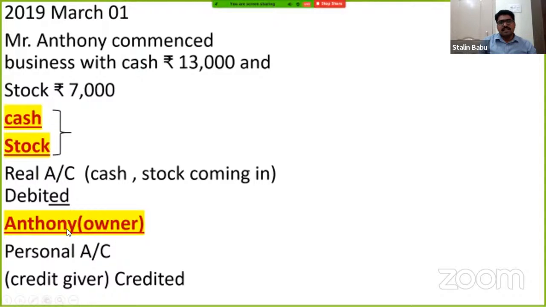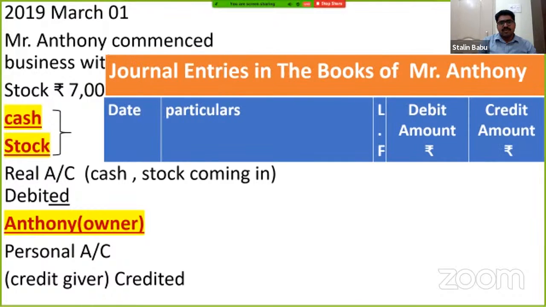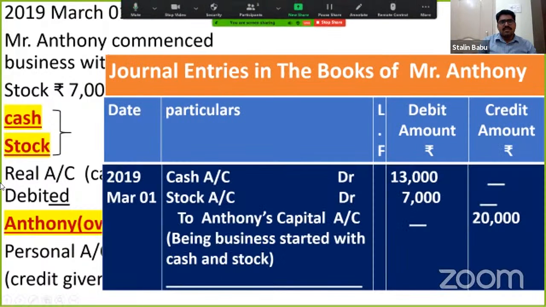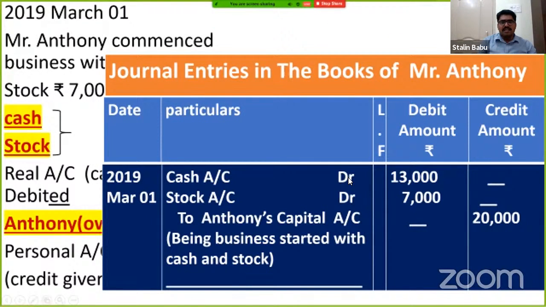Write in the journal book. What is the date? 2019 March 1st. Cash account debit, stock account debit to Anthony's capital account. How much cash? 13,000. Write in the debit amount column 13,000 against cash and 7,000 against stock.